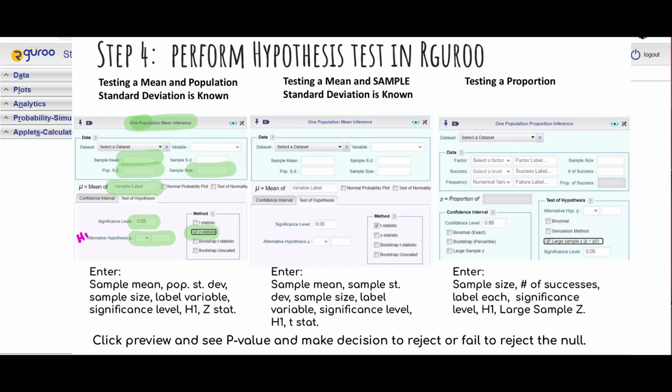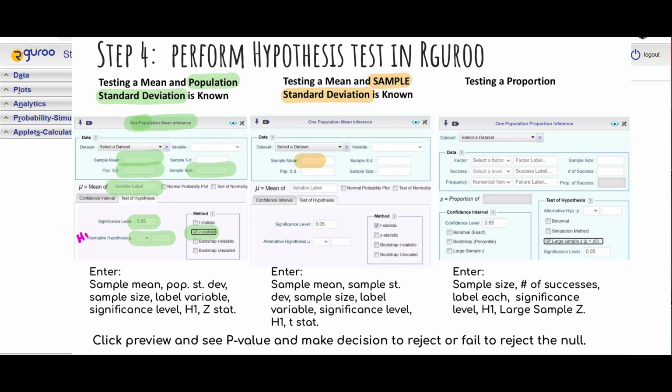Now, if you know the sample standard deviation instead, so over here, we knew the population standard deviation. On this one, we know the sample standard deviation, or we have the info that we could get the sample standard deviation. And again, we're testing a mean. So the same box pops up for both.